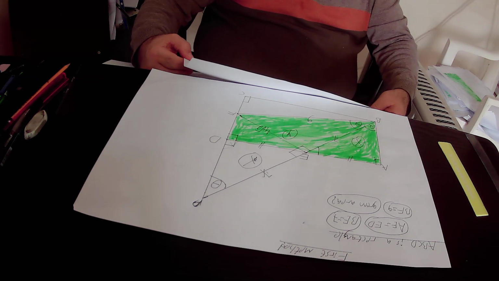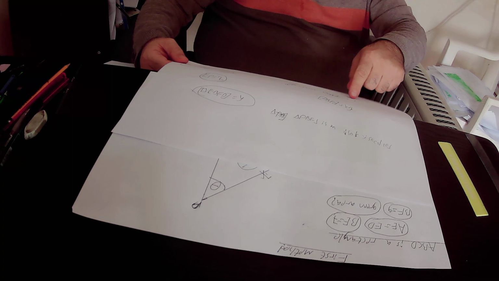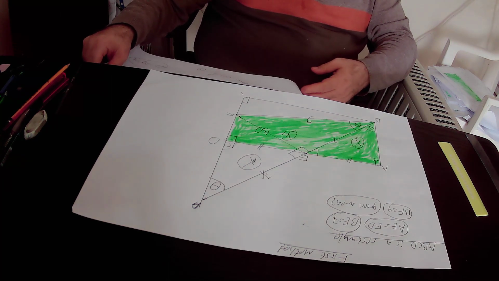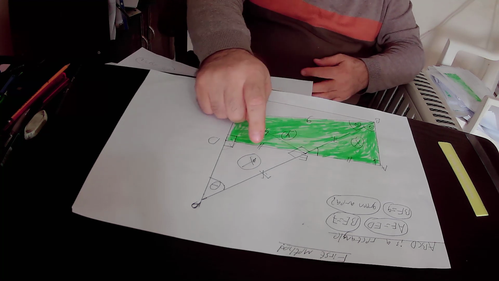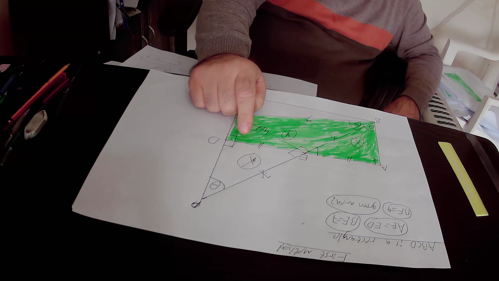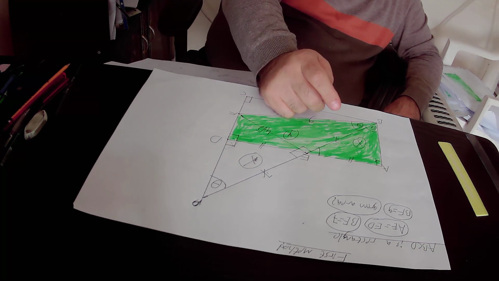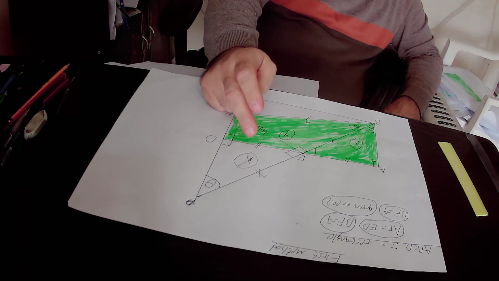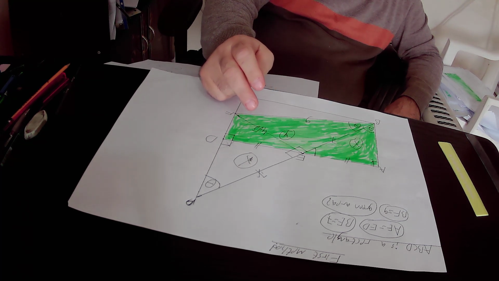So the green area will be equal to x plus y, but we know that triangle ABE can go into triangle EPD, therefore they also have the same areas. The area of triangle ABE is equal to x, so the area of triangle EPD will also be equal to x.